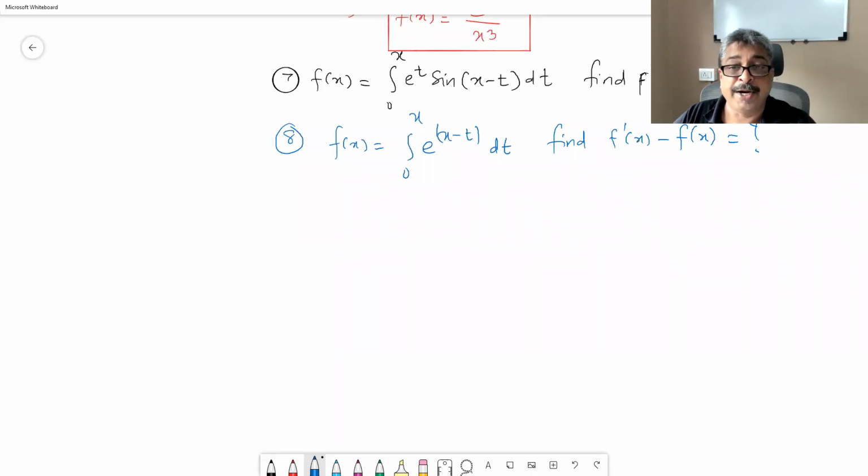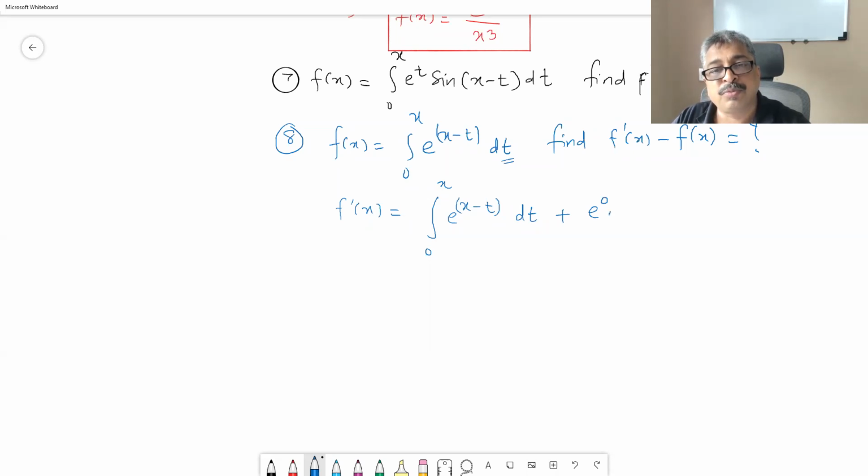Okay, solution for 8. F dash of x is equal to differentiating this function with respect to x: e raised to (x minus t), integrated from 0 to x dt, plus e raised to, putting the upper limit wherever the variable is there, e raised to 0 into the derivative of the upper limit; the last term is gone.